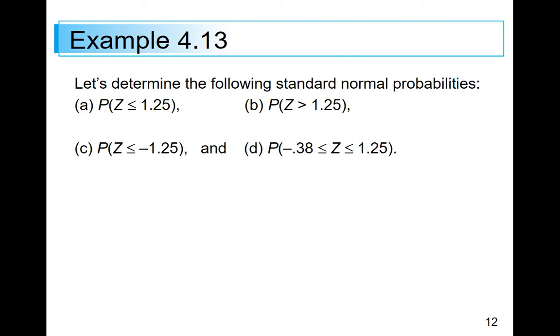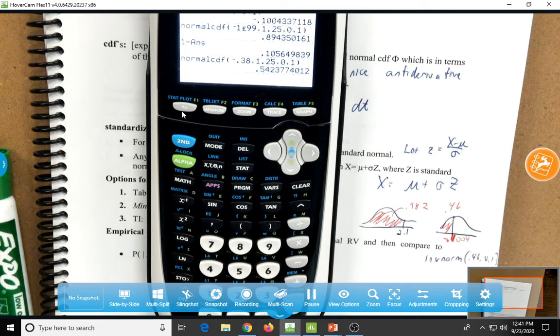Let's do part D. Between -0.38 and 1.25. Ready, go. All right, so I'm going to go there. Normal CDF. My lower will be -0.38. My upper will be 1.25. What'd you get? 0.54. Yeah, you beat me. 0.54237.